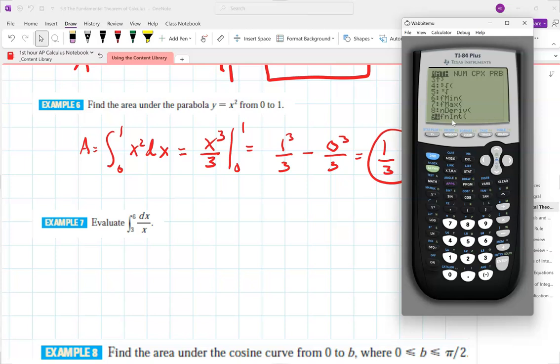That stands for function integration. So I'll press enter there, and now I'm just going to type into my calculator exactly what it looks like on my sheet of paper. So 0 to 1, x squared, and then dx. And press enter. Bam.